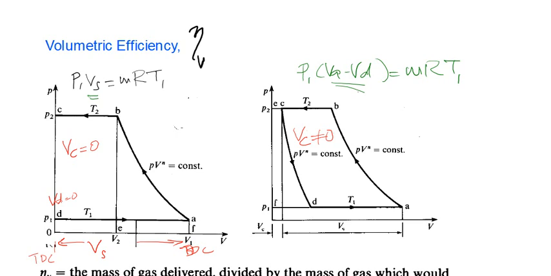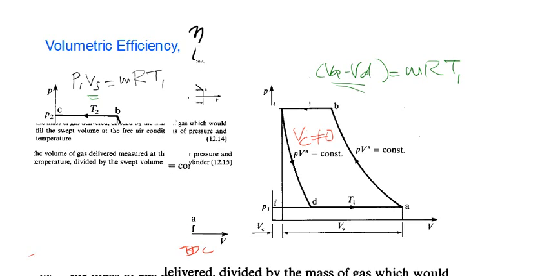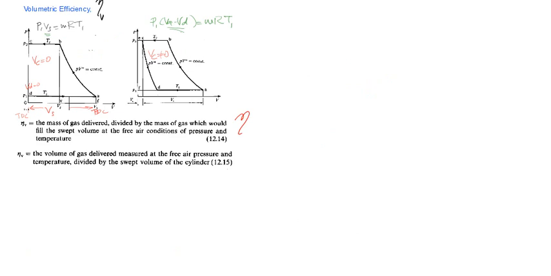The volumetric efficiency is equal to m divided by m_s, where the volume is the swept volume, at free air condition, in this case P1 and T1.